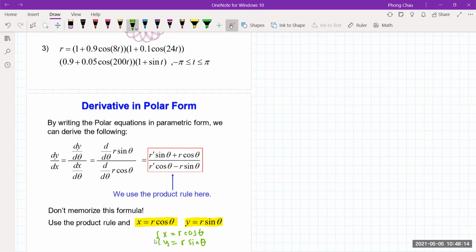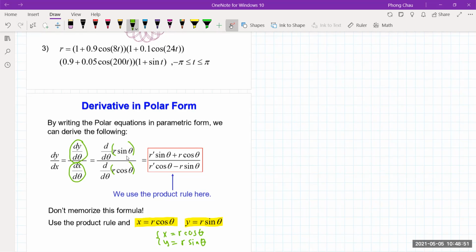That is like the parametric equations. So when you do parametric equations, remember how we find the derivative dy/dx? We take the derivative of y over the derivative of x, with theta instead of t as the parameter. The y again is r sine, and the x is r cosine. So you end up taking the derivative here, divided by the derivative here.